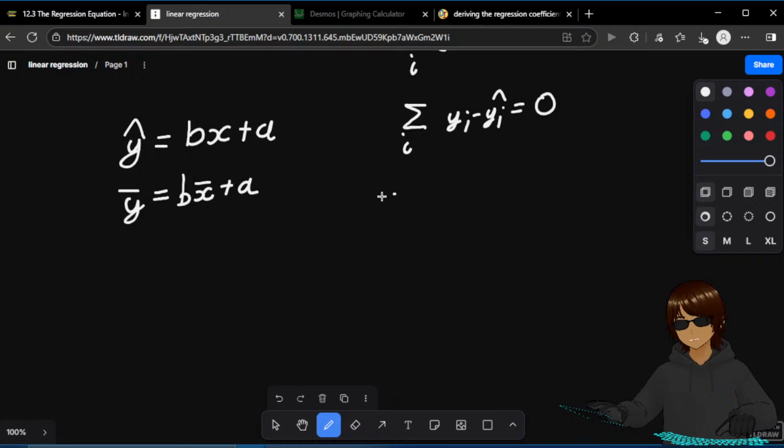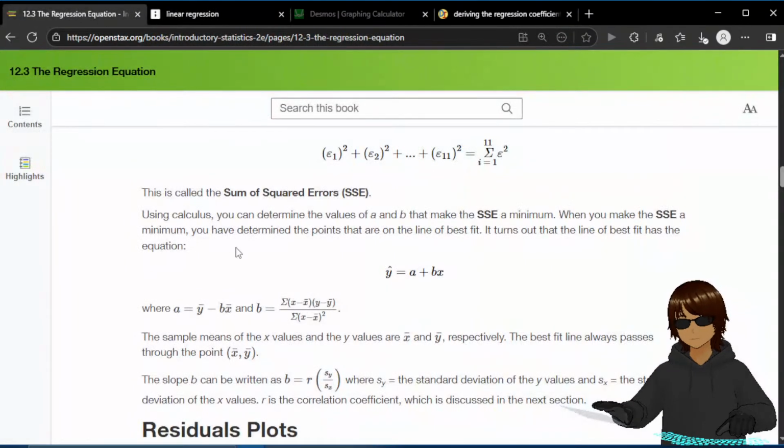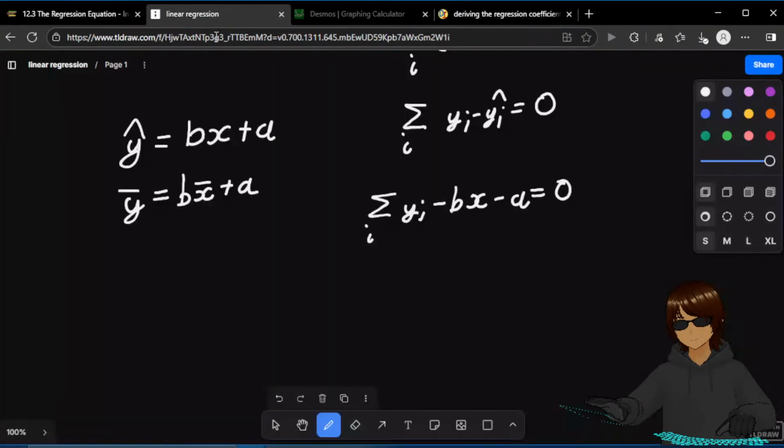And instead of this, I will write yi minus bx minus a is equal to 0, right? Then over here, b is equal to this. I should replace a with the mean value, maybe.